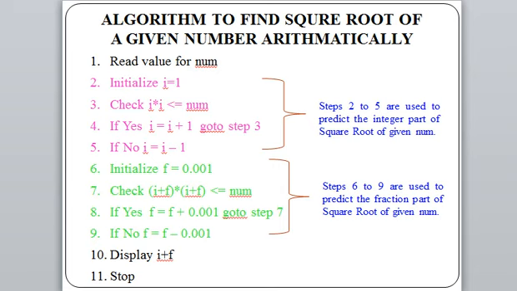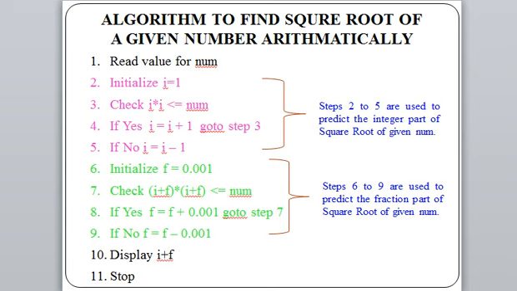For example, consider the number 4. When you find the square root of 4, we get the answer 2, so it is an integer part. When a number is a perfect square, it provides the integer part only. If a number is not a perfect square, then it may have a fractional part in it.